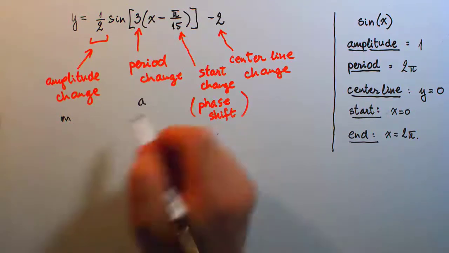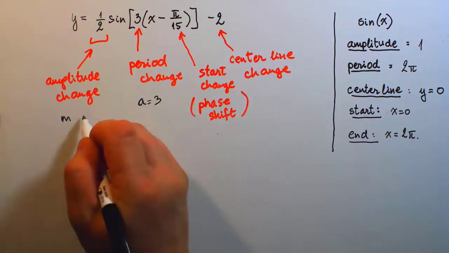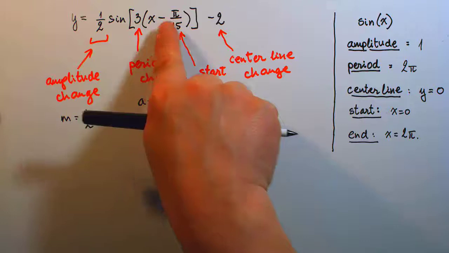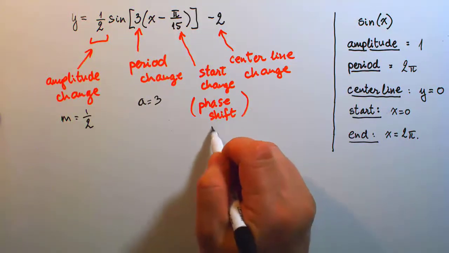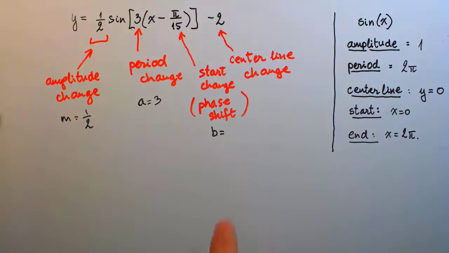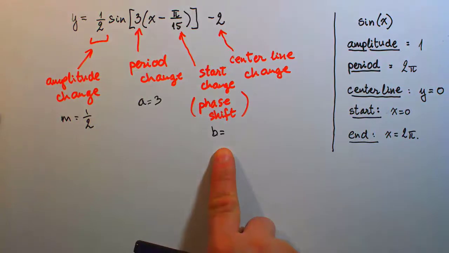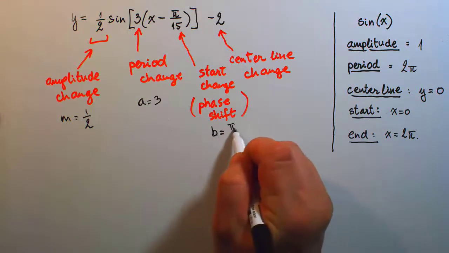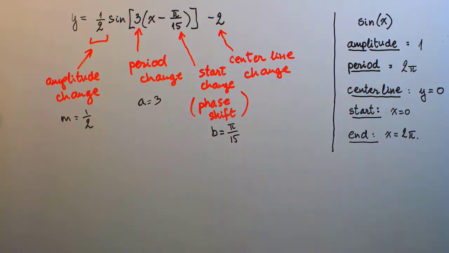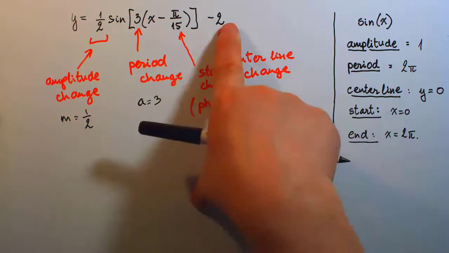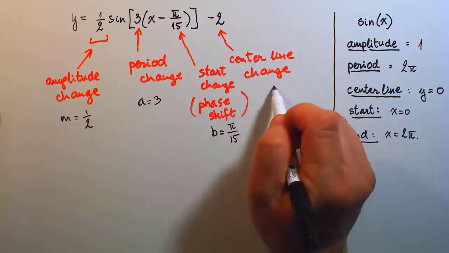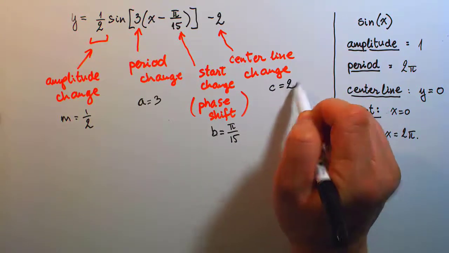So a equals 3, m equals 1/2, and this is a minus the b value we are using in connection with that lecture about making all the elementary transformations. And b here is a positive pi over 15, and here is a minus c. So our c value responsible for the center line is 2.